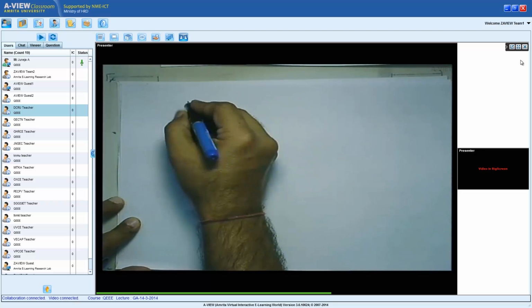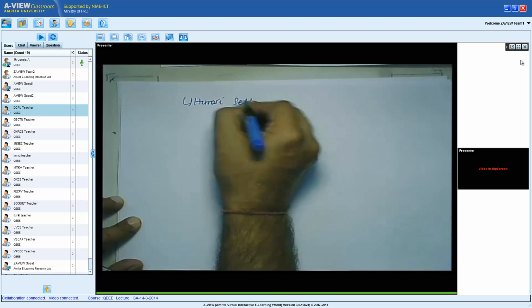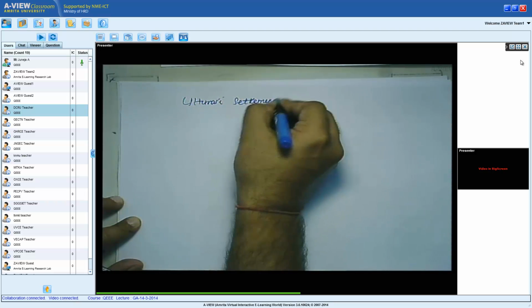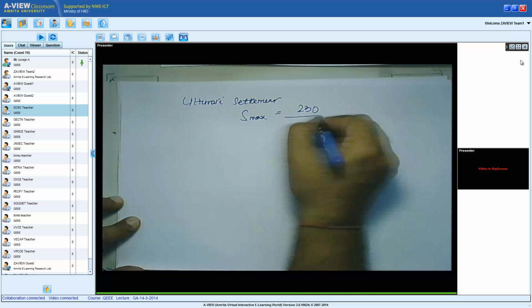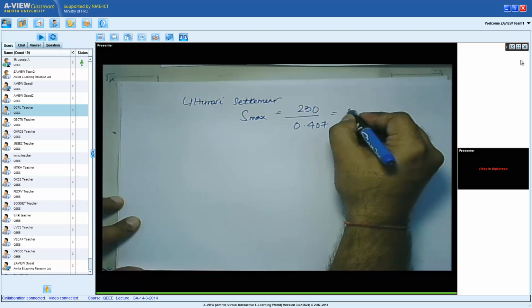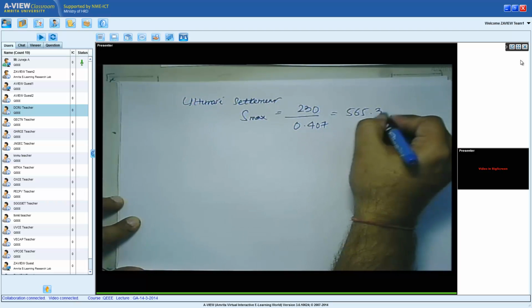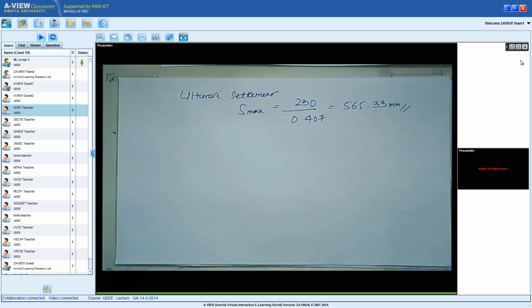The ultimate or maximum settlement is 230 divided by 0.407. If you plug in your numbers, it should give you 565.33 millimeters. Okay, that's the maximum settlement.